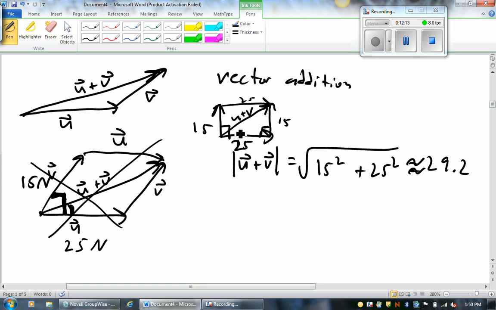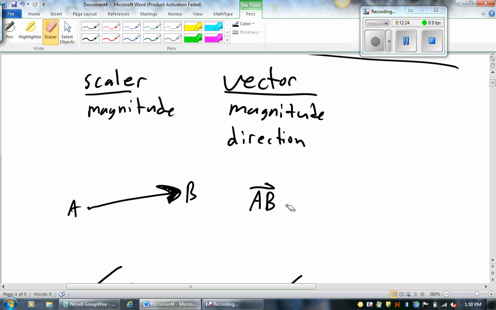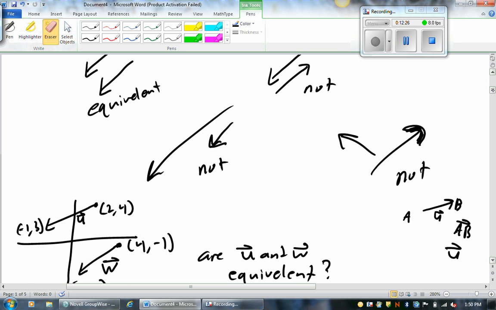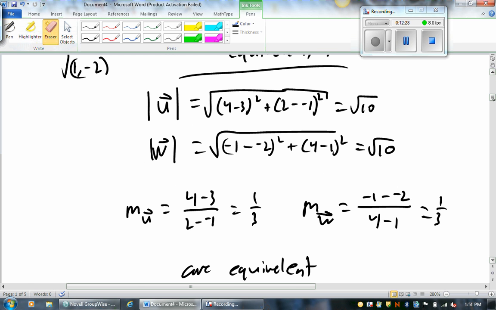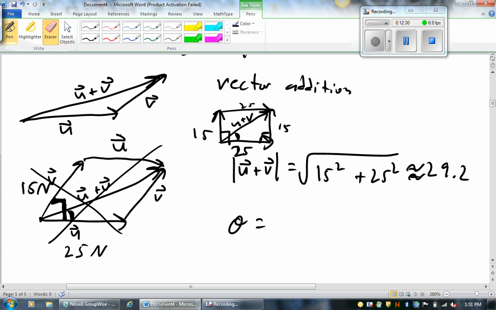Well, to find my angle, this angle right here, remember the angle the resultant makes with the larger force, I'll call it theta. Theta is going to equal the inverse tan of my sides, opposite over adjacent, just like a regular tan.